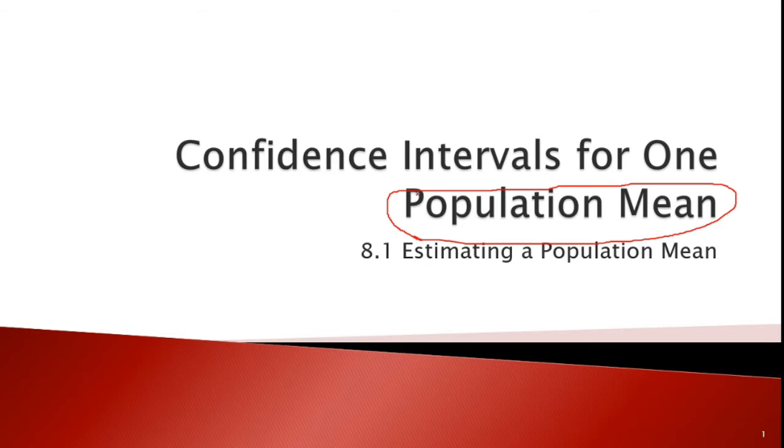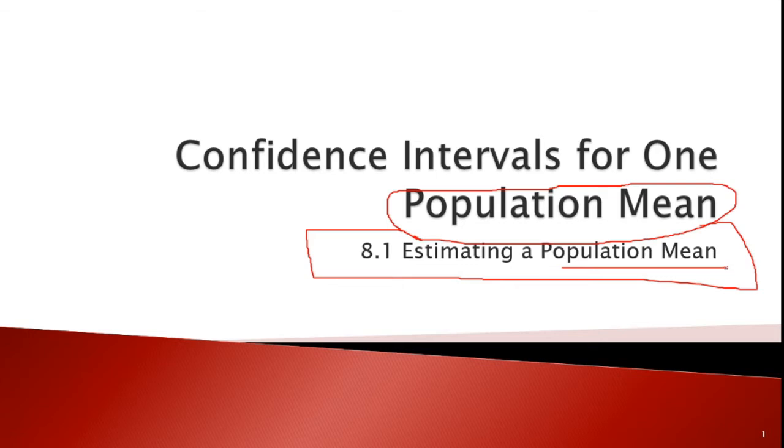In subsection 8.1, estimating a population mean, there are two ways to estimate it. One way is the confidence interval, and the other way is point estimators. So we are going to talk about both.